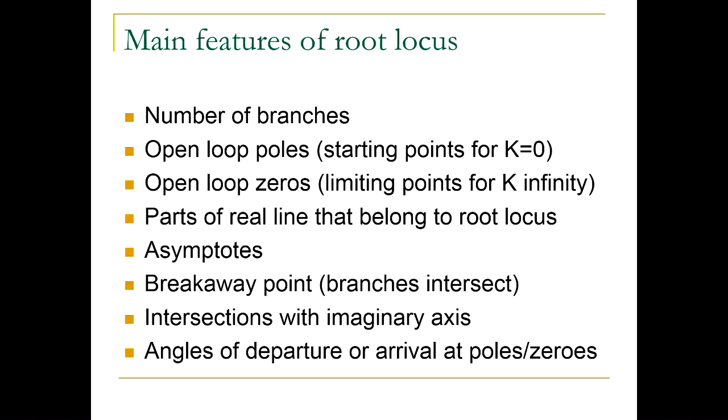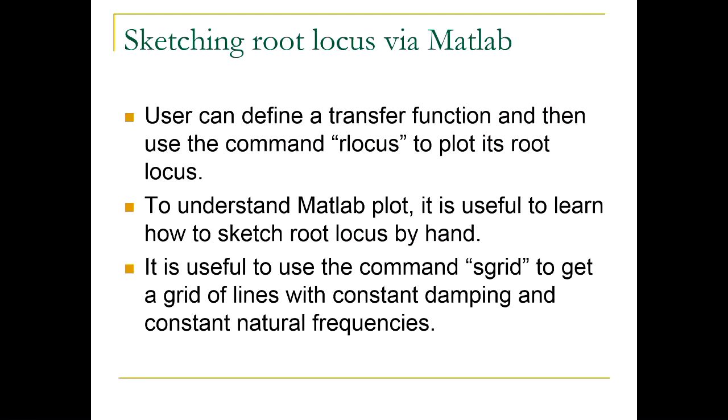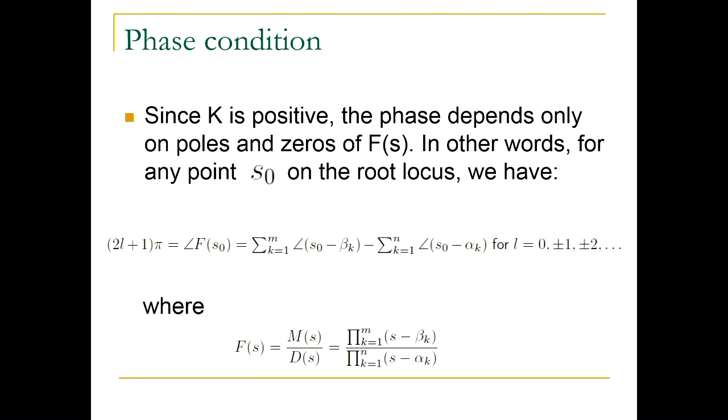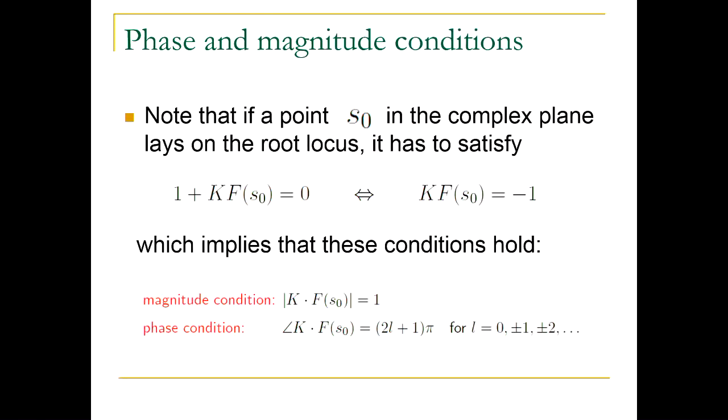Open loop poles and open loop zeros are crucial for sketching the root locus. They are the poles of transfer function f and zeros of transfer function f. What is the transfer function f? It's this guy, right? I'm looking at 1 plus kf equals 0, and I'm talking about the f transfer function.